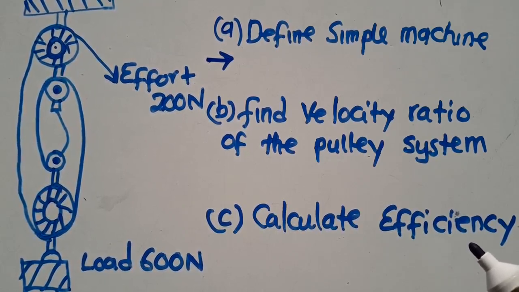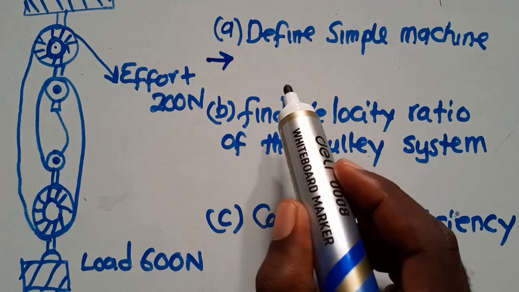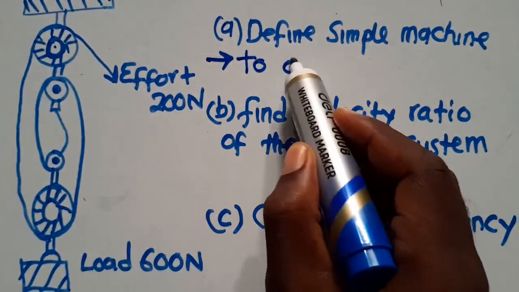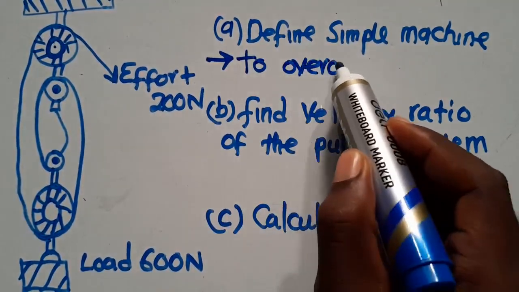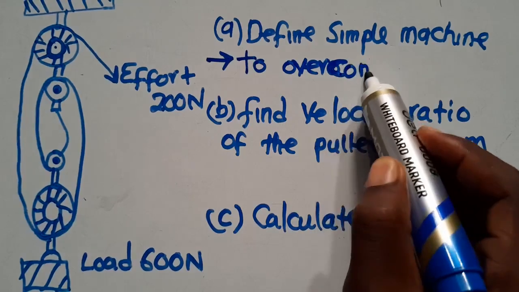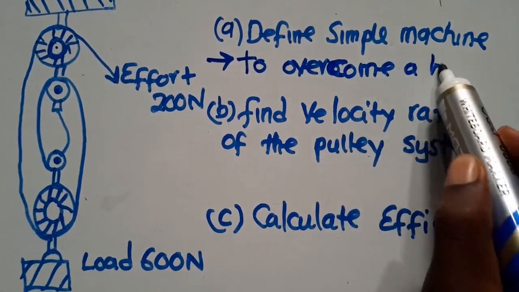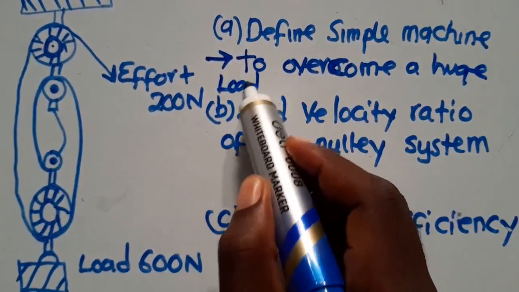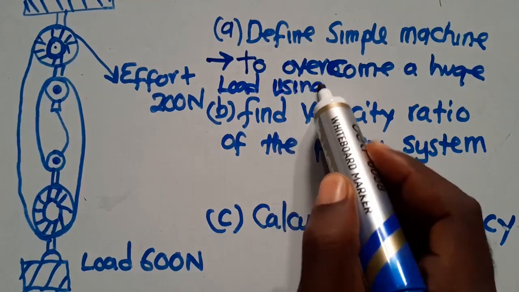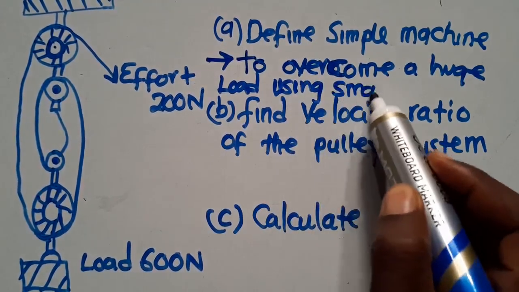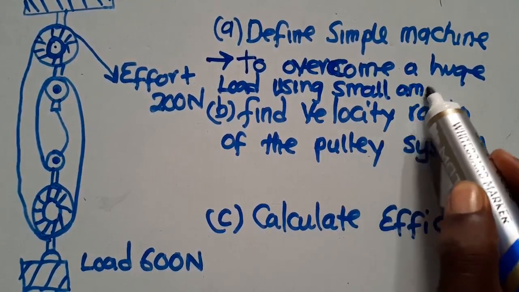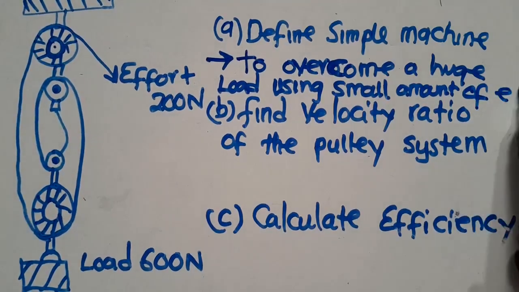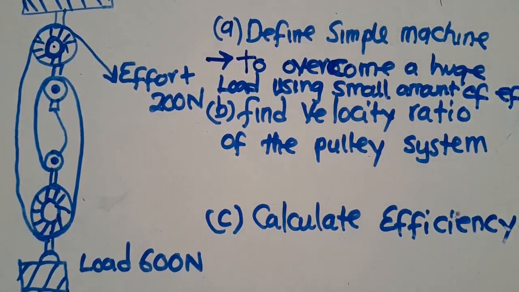So define a simple machine. You just say a simple machine is a device that is used to overcome a huge load using small amount of effort. Using small amount of what?